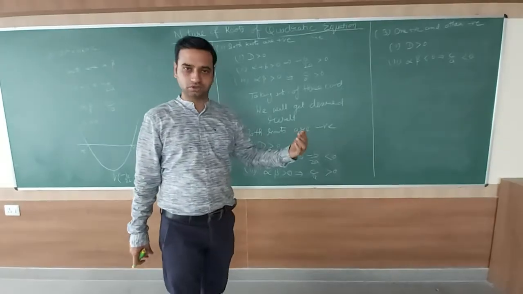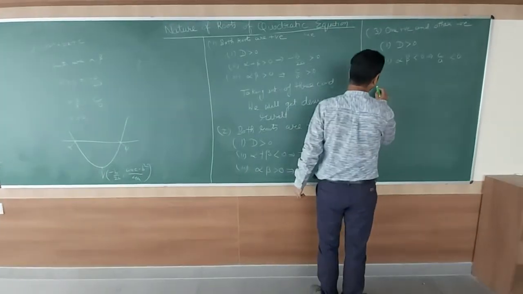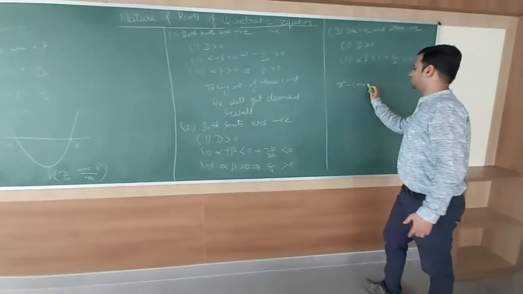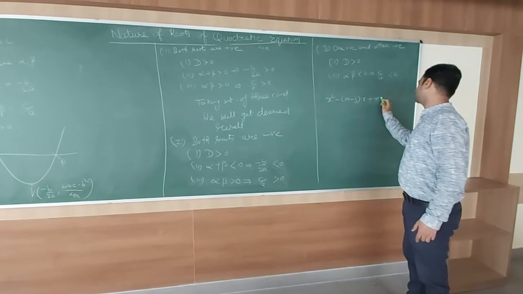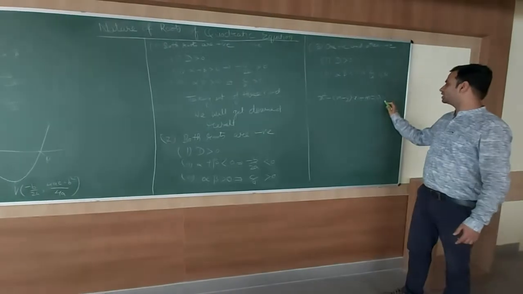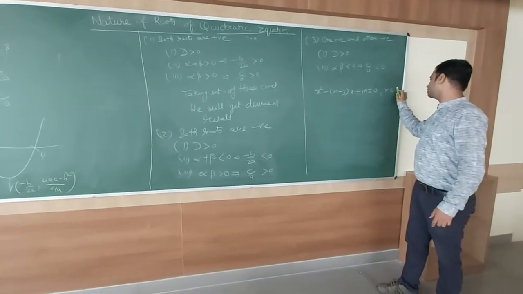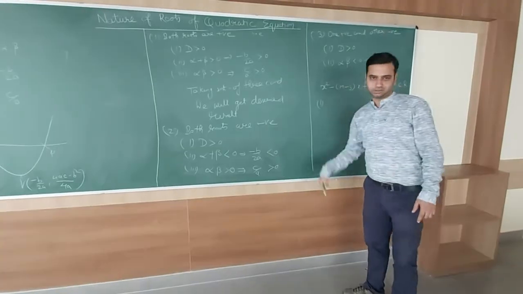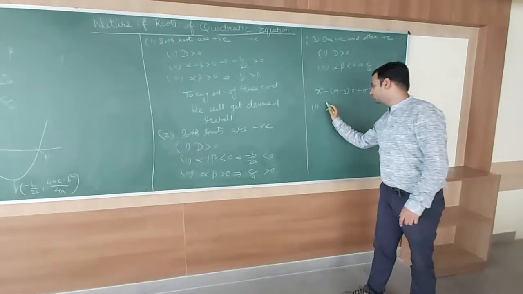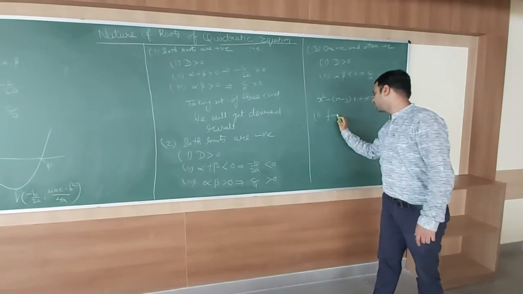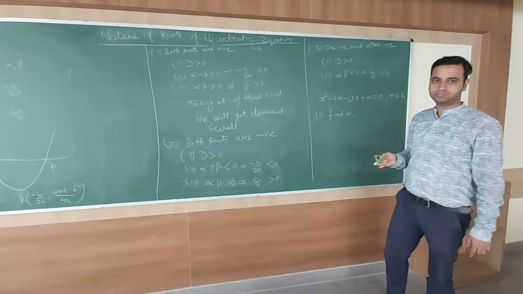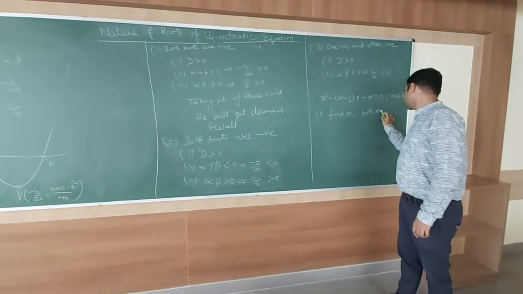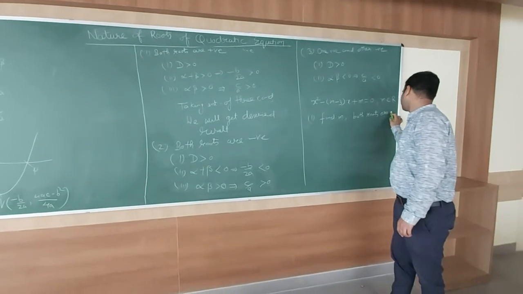Now talking about a question, let x square minus (m minus 3)x plus m equals 0 be a quadratic equation, and here m is a variable which belongs to real numbers. So my question is, first we have to find m, or the interval of m, for which both roots are positive.